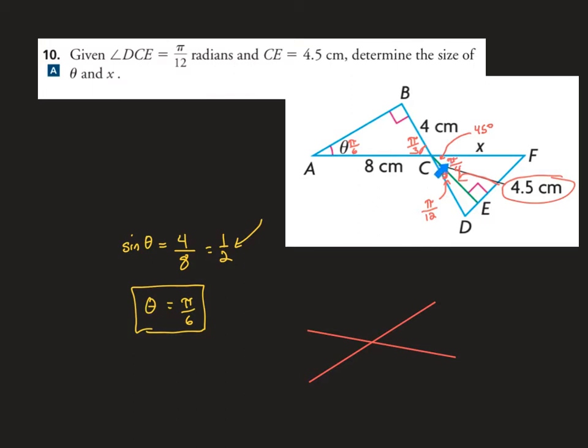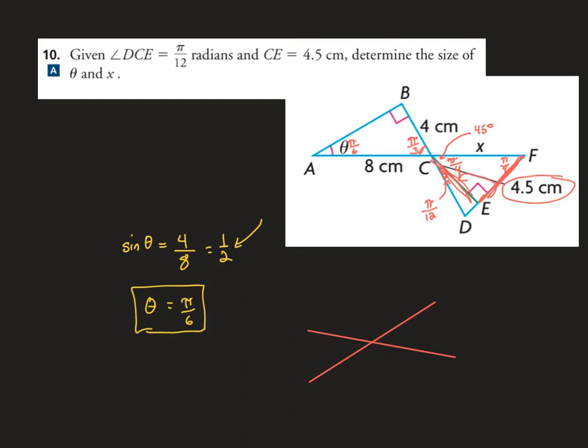And last but not least, now that we know that this is pi by 4, we know that this one's also pi by 4. So that means this and this are both 4.5. And we can easily say that the sine of pi by 4 is equal to opposite over hypotenuse.